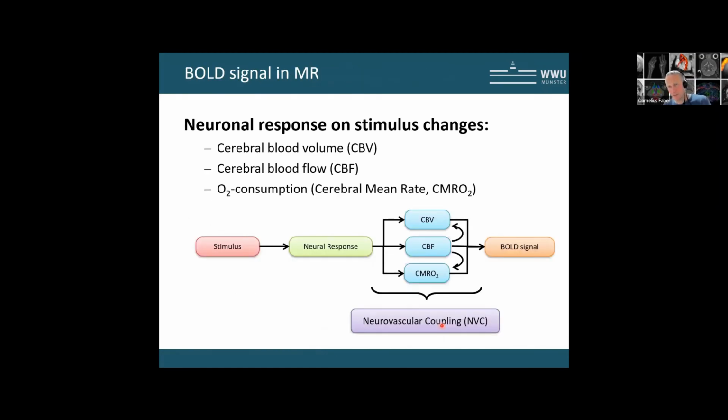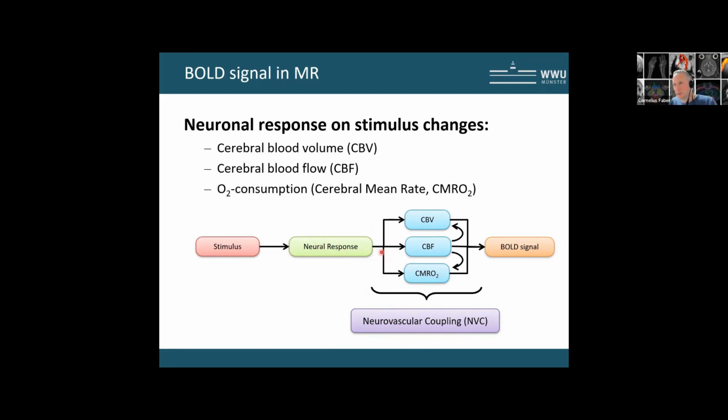So what is that? It's a bit complicated, but we will come to the MR in a minute again. Now, we can measure the BOLD effect, but of course, what we want is to see our brain work. So if there's a stimulus, for example, if you listen to me talk, your auditory cortex will show some neural activity.